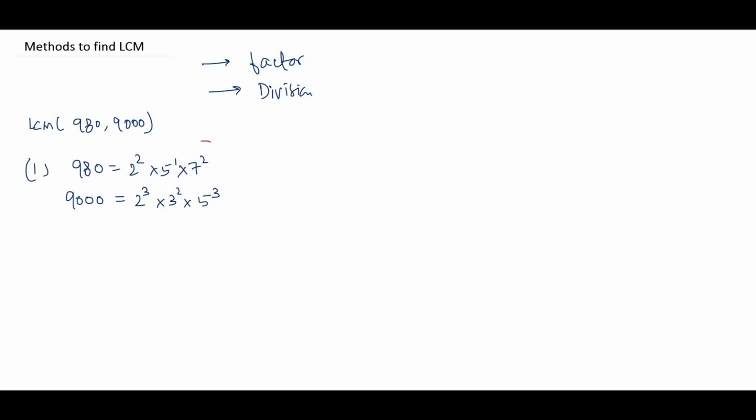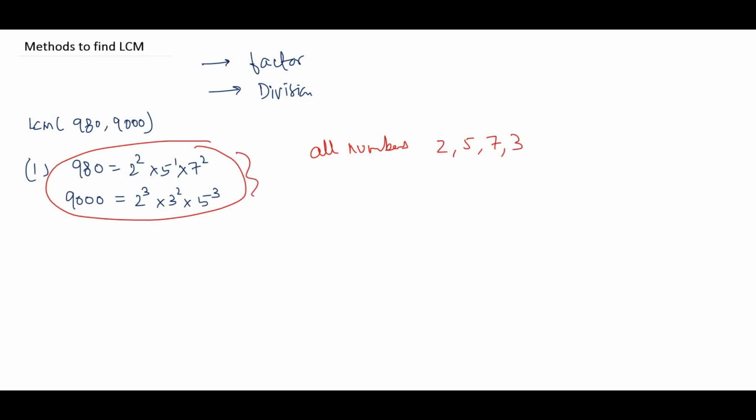Now the difference here is we need to take all the numbers, that is here 2, 5, 7 and 3. These are all the different numbers in the prime factorization, and take the highest powers of these numbers. In HCF, if you remember, we took the lowest powers.